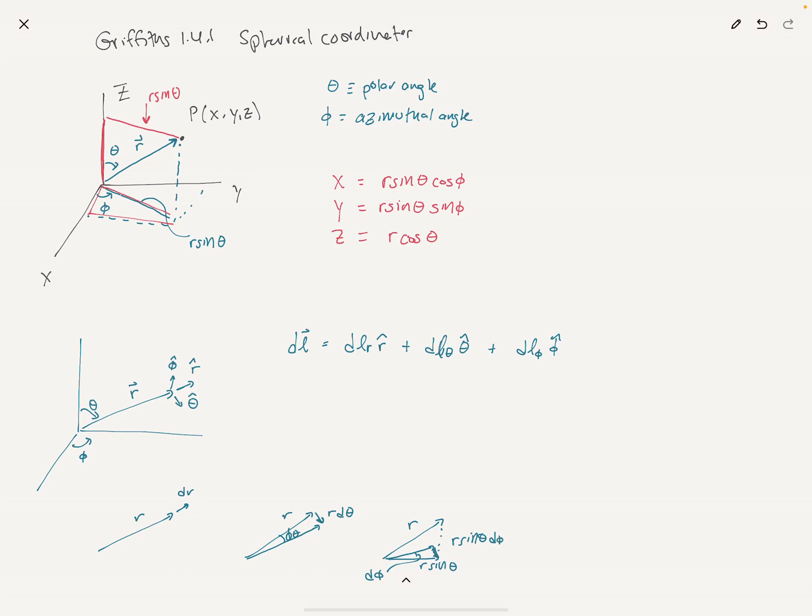So each of these components are the infinitesimal displacements in that particular direction. So I can write that infinitesimal displacement vector dl as dr in the r hat plus r d theta in the theta hat plus r sine theta d phi in the phi hat.